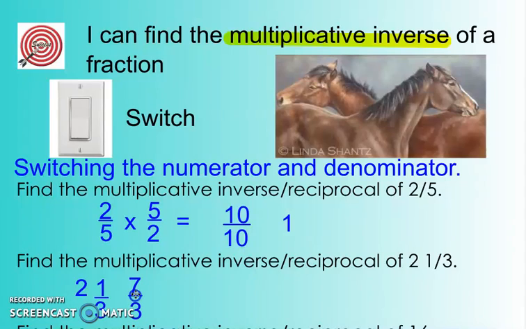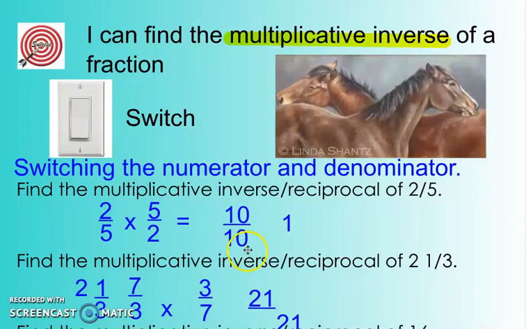Now, what is the multiplicative inverse of this? Yes, it is 3 sevenths. And the way that I know this is because if I multiply them together, I know that 7 times 3 is 21, and 3 times 7 is 21.